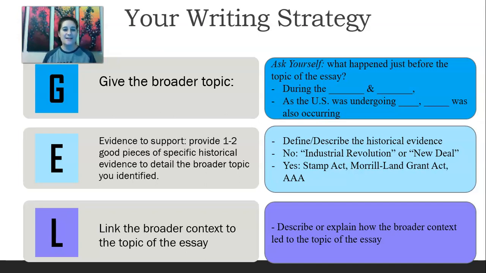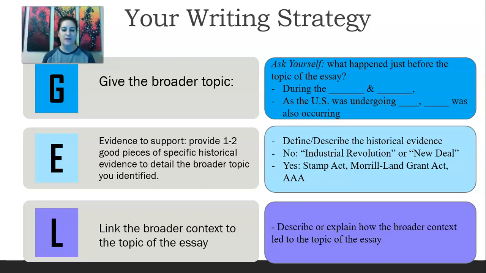Or, as the United States was undergoing progressivism, this too was also occurring simultaneously. Then you need to provide evidence to support. So you need to give 1 to 2 good pieces of specific historical evidence to detail the broader topic you identified. Flesh out what your G was.